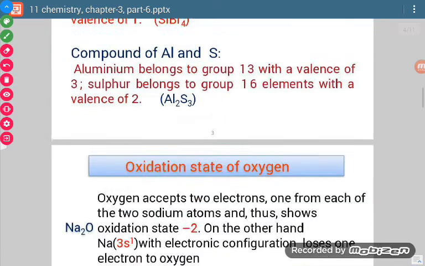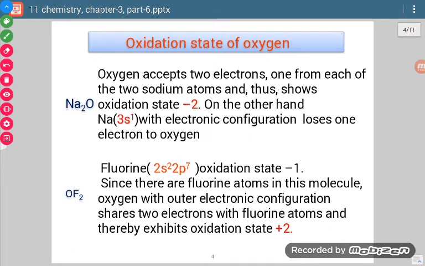Now let us come to the oxidation state of oxygen, to have a simple idea of what oxidation state is. Oxidation state is the charge which an atom will have when it is removed from its molecule as an ion. What is oxidation state?